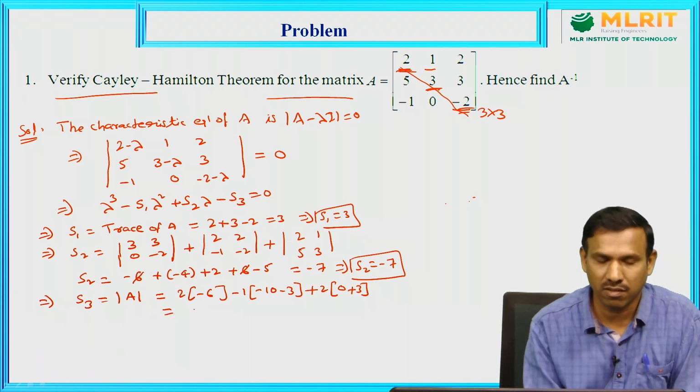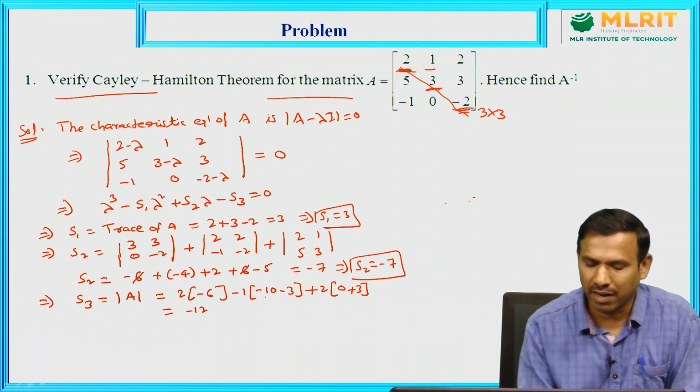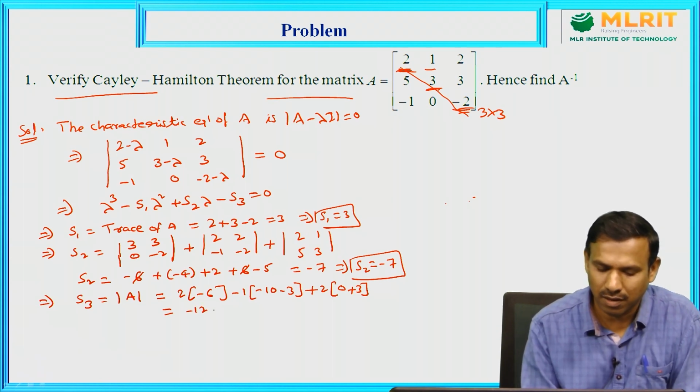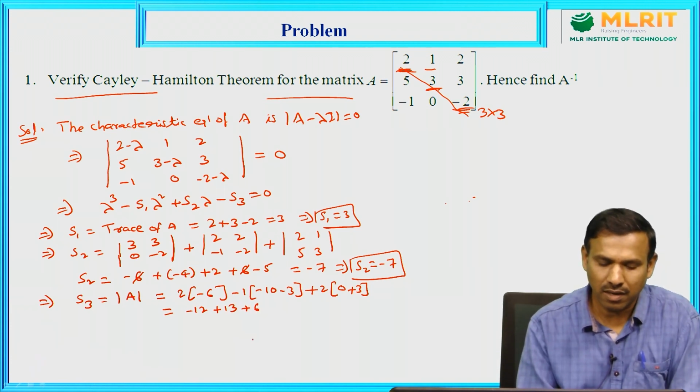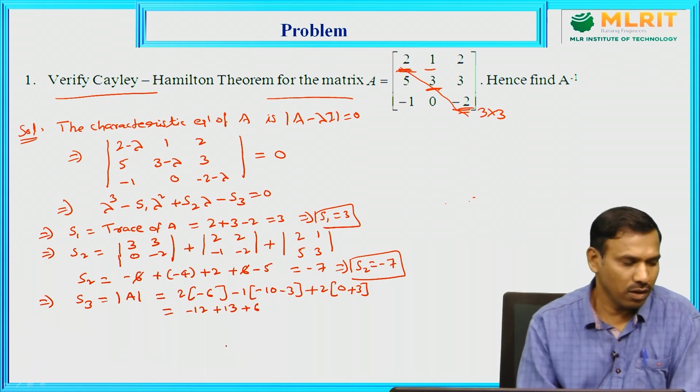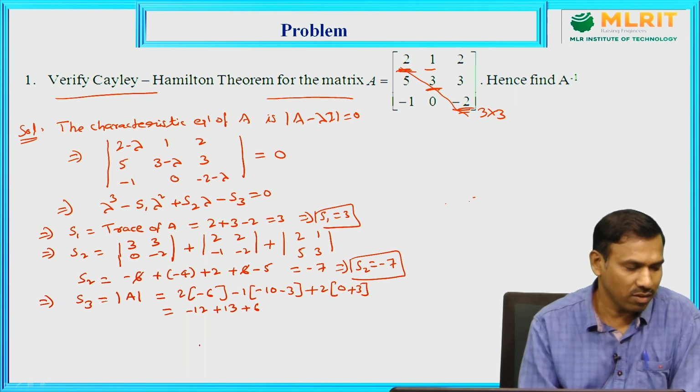2 into minus 6 minus 12, minus 10 minus 3, minus 13, that is into minus 1 plus 13. So, 2 into 3, 6. So, 13 plus 6, 19, 19 minus 12, so that is minus 12.